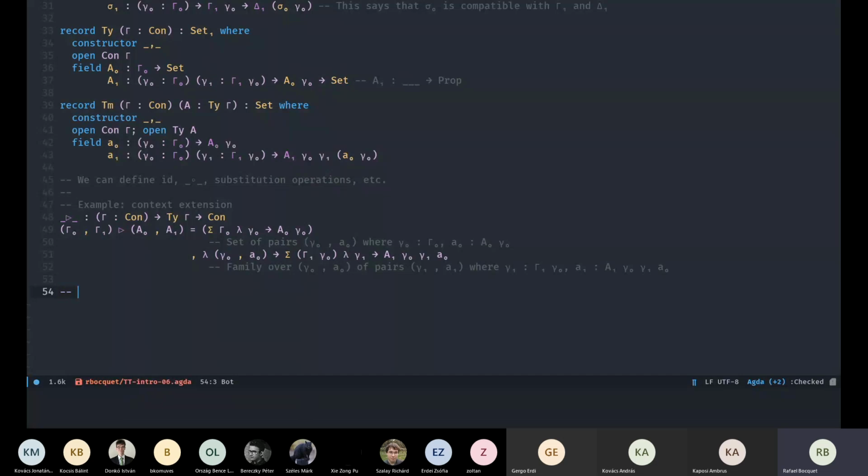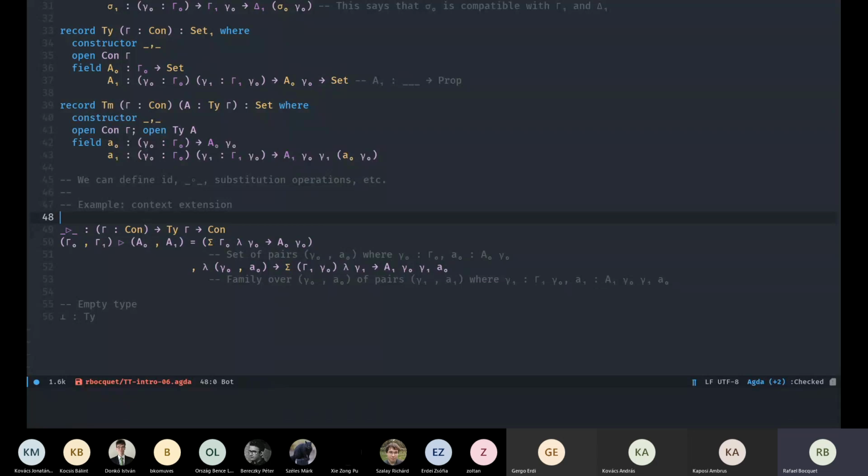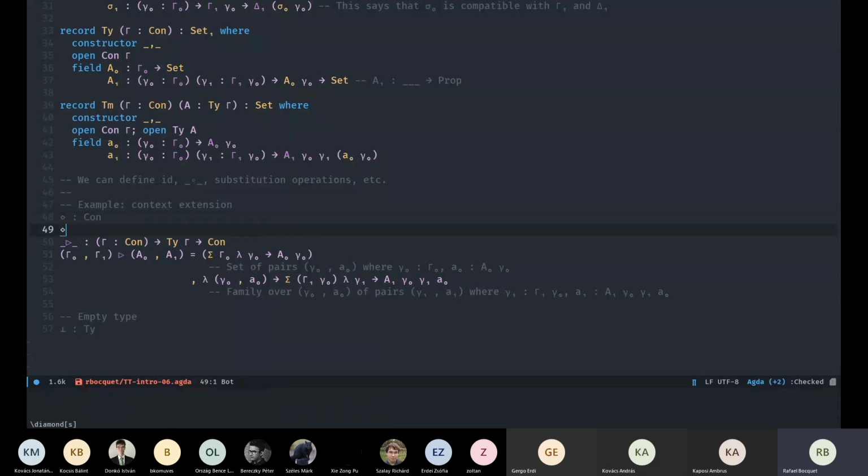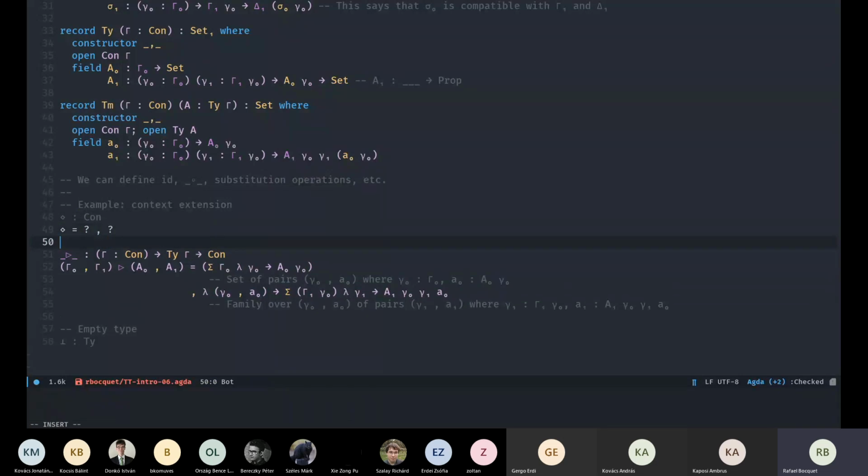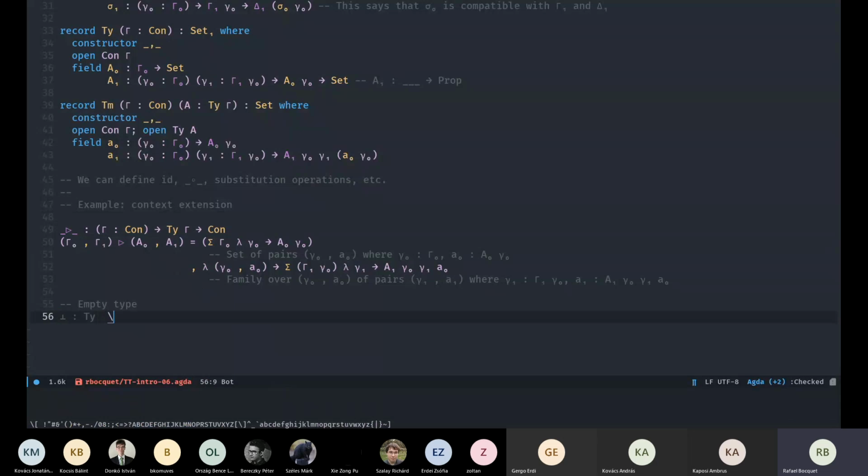So maybe let's look at the empty type. It's a type, and you can also define the empty context. Or we can just say that the empty type is a type in any context.